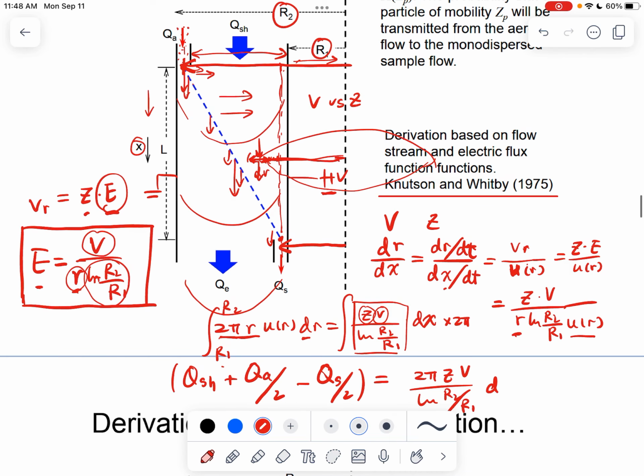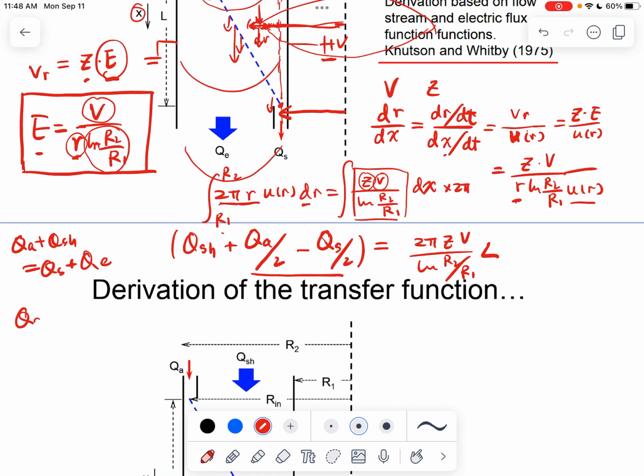And then on the right-hand side, you just have 2 pi ZV divided by log R2 over R1 dx. And for the dx, if you're integrating along this trajectory here, then you will just have L. Further, we could do some derivations of the QA and QS. So remember, QA plus Q sheath equals QS plus QE.